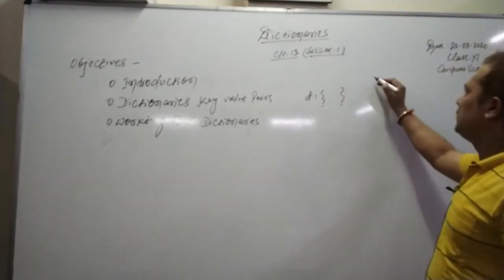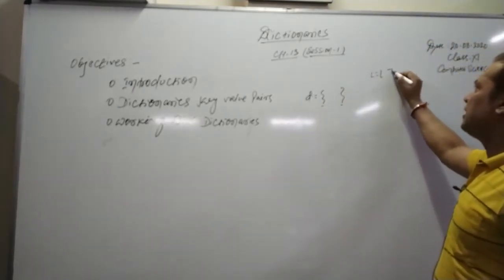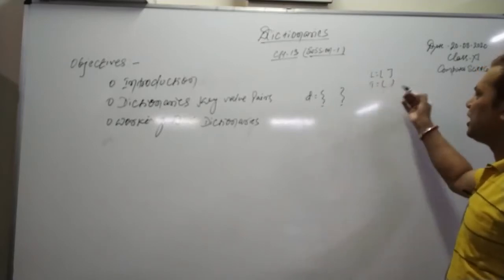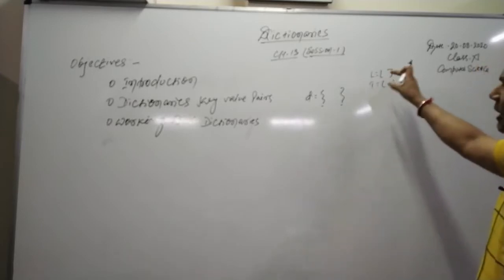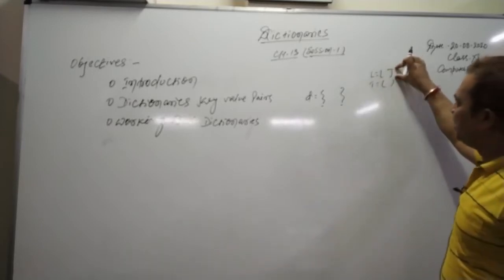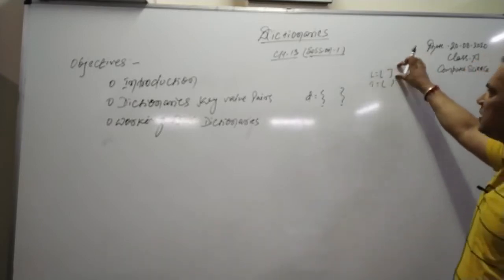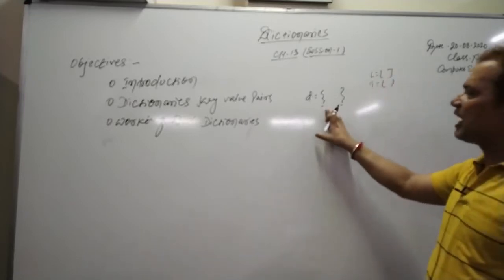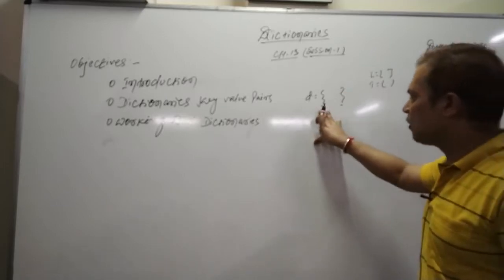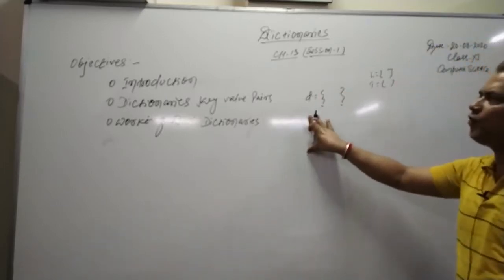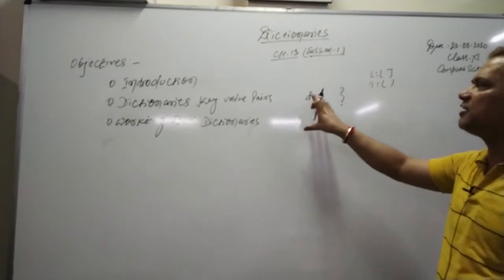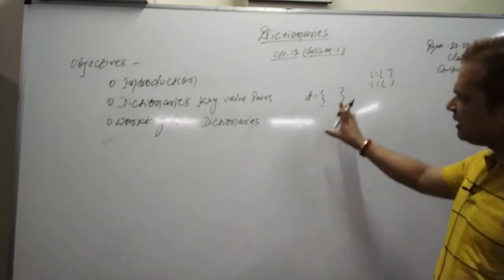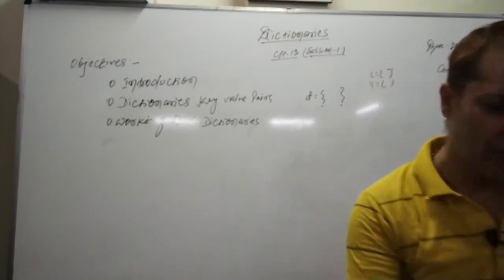In the case of a list you have seen the square bracket, in the case of a tuple you have seen the parenthesis, and for the string we use quotes. Now the third kind of bracket we are using is called curly braces, and to declare or create a dictionary we have to use these curly braces. Inside them of course we'll keep the values that we want to keep.